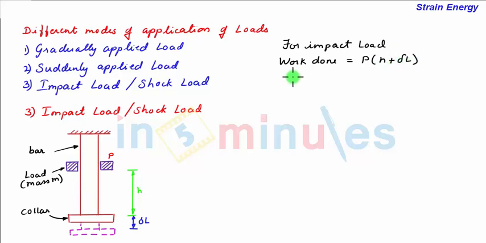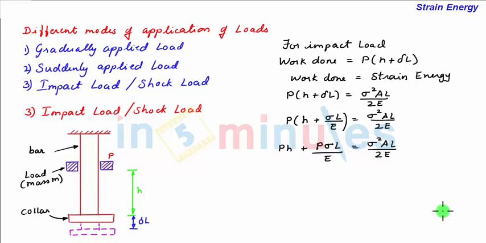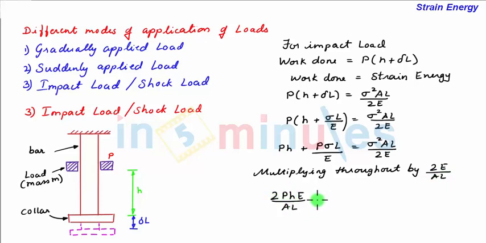Now if we equate work done equal to strain energy, we have P into h plus delta L is equal to sigma square AL by 2E. If I substitute the value of delta L as sigma L by E, we have Ph plus P sigma L by E equal to sigma square AL by 2E. Multiplying throughout by 2E by AL, we have 2PhE by AL plus 2P by A into sigma is equal to sigma square.